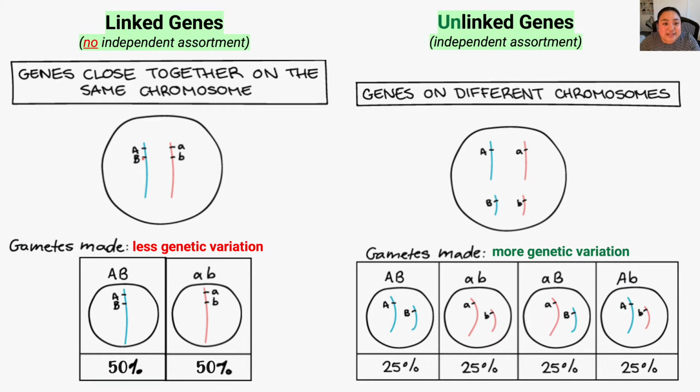The big A allele is stuck with the big B allele, and the little a allele is stuck with a little b allele. The unlinked gene scenario leads to more genetic variation because the alleles aren't physically joined and can independently assort. So there's an equal chance in creating gametes that have the little a and the big B alleles, and gametes that have the big A and the little b alleles.